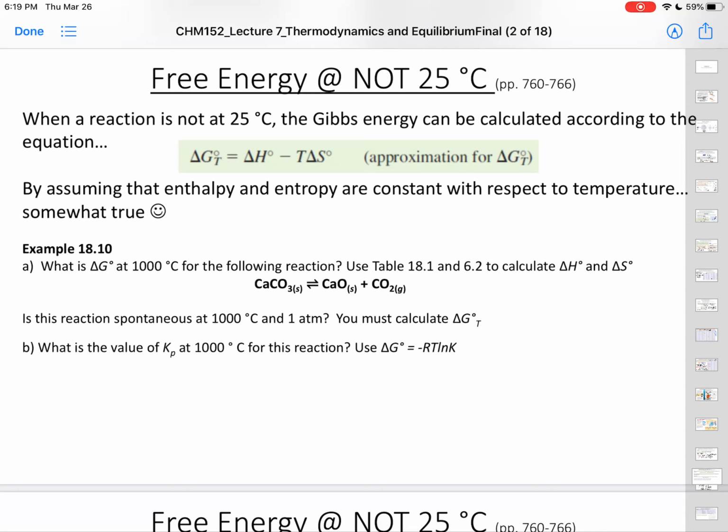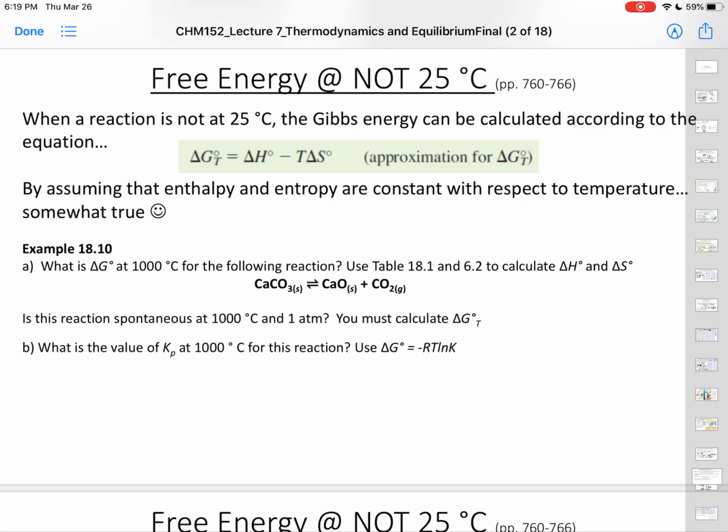Last but not least, we're going to look at when free energy is not at 25 degrees, and it can be calculated according to the equation delta G of T equals delta H minus T delta S. Basically, by assuming that enthalpy and entropy are constant with respect to temperature, this is somewhat true. So let's look at an example, 18.10 from your book.